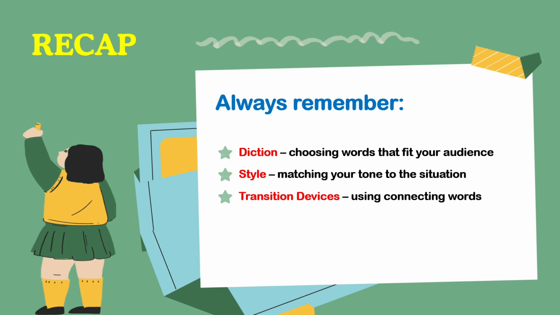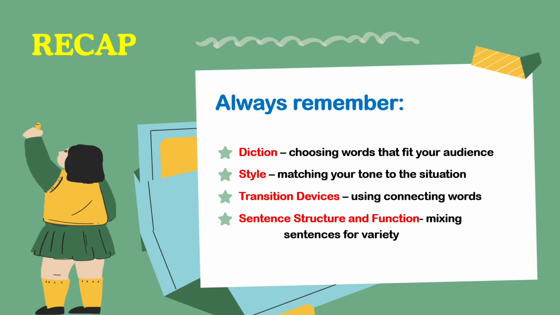Next, transition devices is using connecting words like traffic lights to guide readers. And lastly, sentence structure and function means mixing sentences for variety. Don't bore your readers. And one final tip, always read your work aloud. If you get lost, so will your reader.